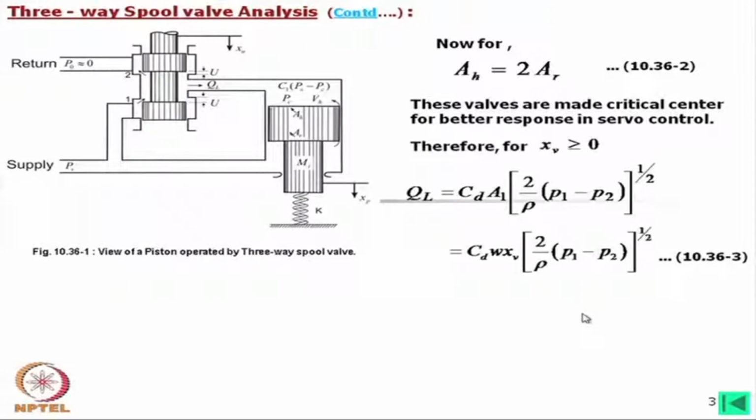Now, for that critical center valve, if you recall our earlier general analysis for this spool valve, then the load flow can be written in the form of coefficient of discharge Cd into A1, where A1 is the area of this orifice, and then square root of 2 divided by rho, where rho is the density of the oil, and then P1 minus P2.